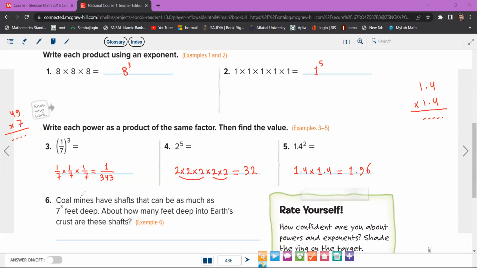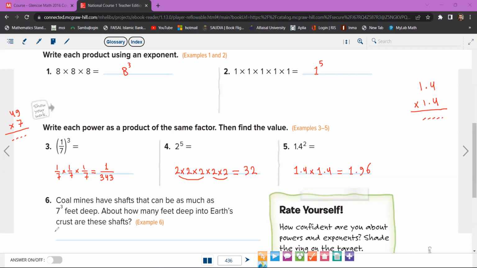Problem 6. Coal mines have shafts that can be as much as 7 to the power of 3 feet deep. About how many feet deep into Earth's crust are these shafts?